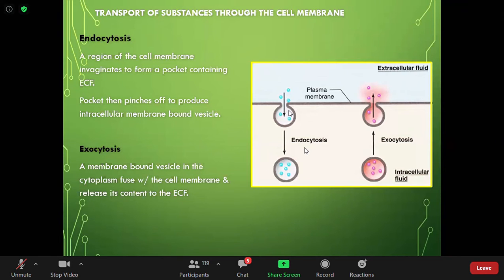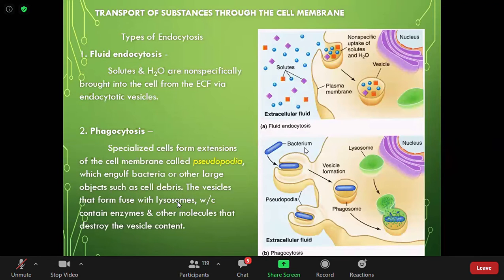Okay? In exocytosis, the membrane-bound vesicle will fuse with the plasma membrane and then extrude its contents towards the extracellular fluid. The opposite is endocytosis. In endocytosis, you form a pocket, pinch off, and bring the vesicle inside the cell. Types of endocytosis: fluid endocytosis, also called pinocytosis.